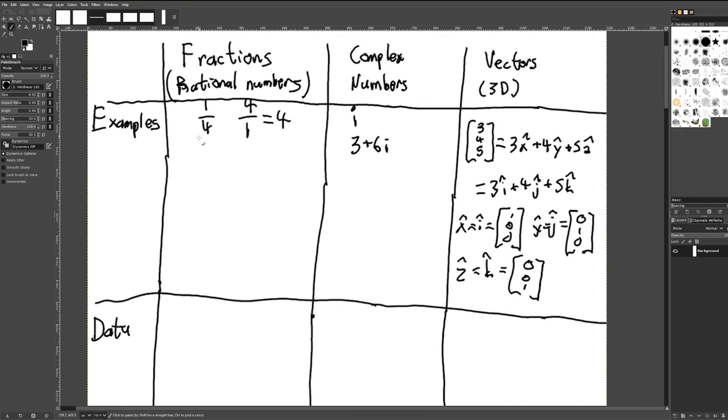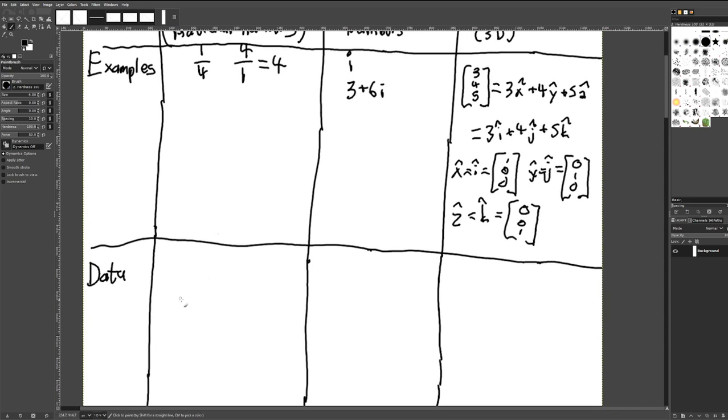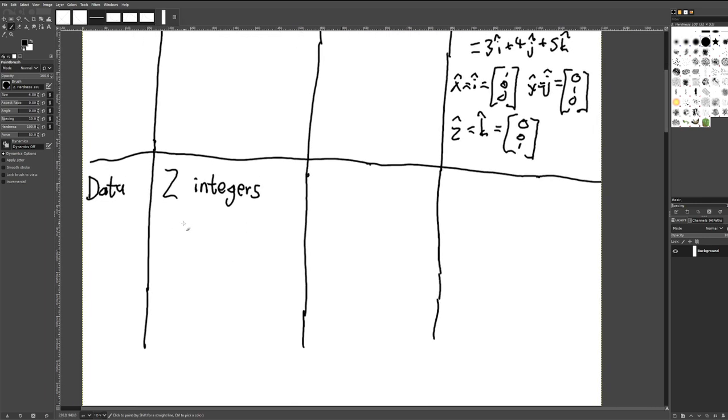But we'll probably all agree that a fraction has 2 numbers in it, at least, or at most, 2 numbers. If you consider this 4 a rational number, and you're talking about rational numbers, then maybe you can say it has 1. But anyway, a fraction consists of 2 integers, and they're the numerator and the denominator.